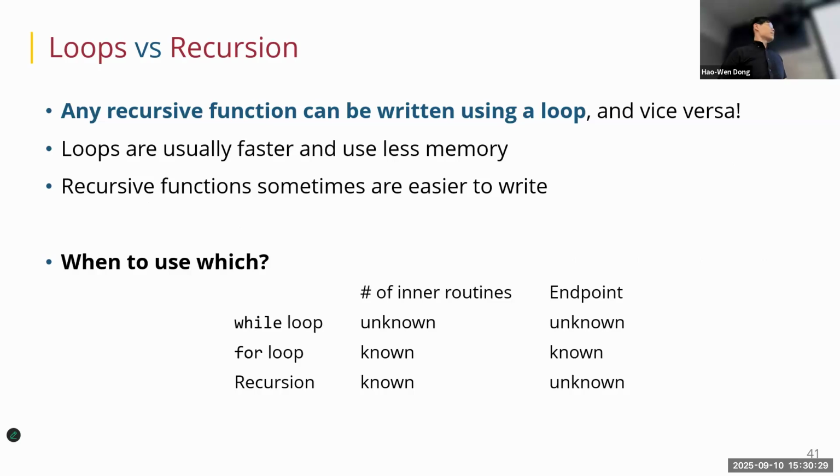But it can be really messy to translate a recursive function into a loop. Loops are usually faster and use less memory. Recursive functions are sometimes easier to write. Anyway, I'll skip this. There are some rules of thumb, but most of the time there's usually one single simple way to do it.